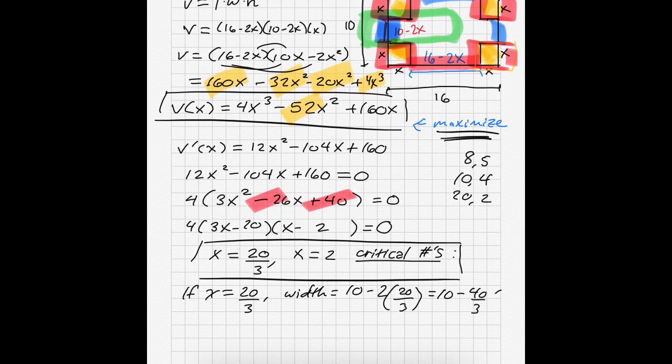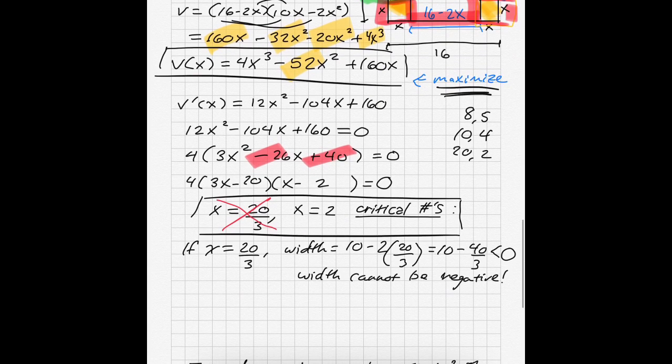Well, 40 divided by 3 is more than 10. This is a negative number, right? The width cannot be negative. So actually x equals 20/3 is extraneous, not a valid solution. So I'm really just interested in x equals 2.